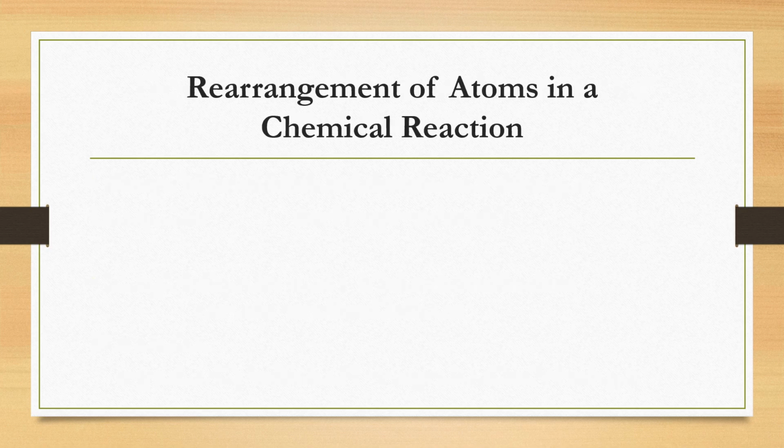You have now recalled that a chemical reaction is a process during which reactants combine to form products. Let us now see what happens to the atoms of the reactants in a chemical reaction as they combine to form products.